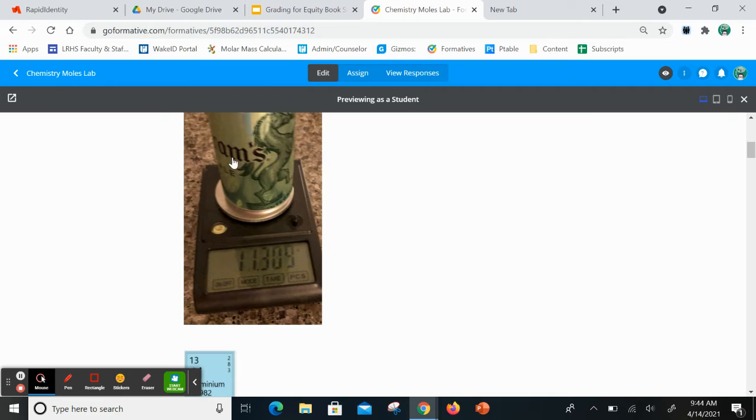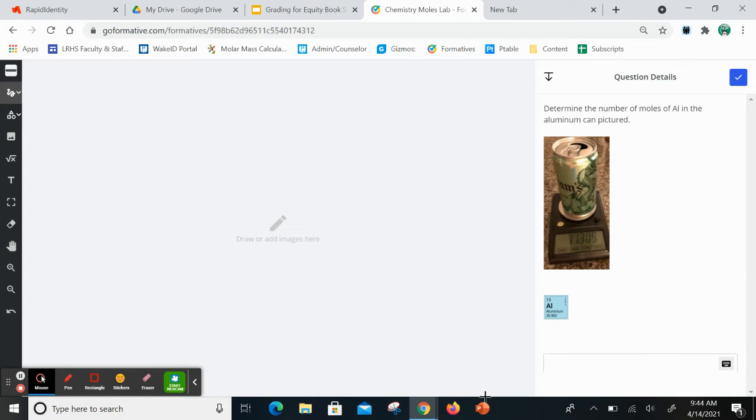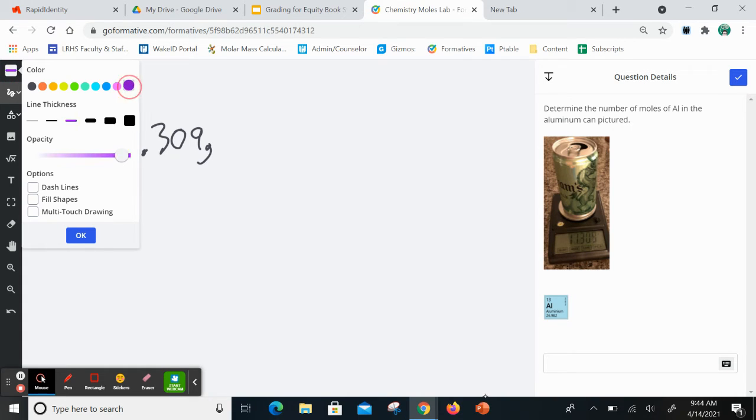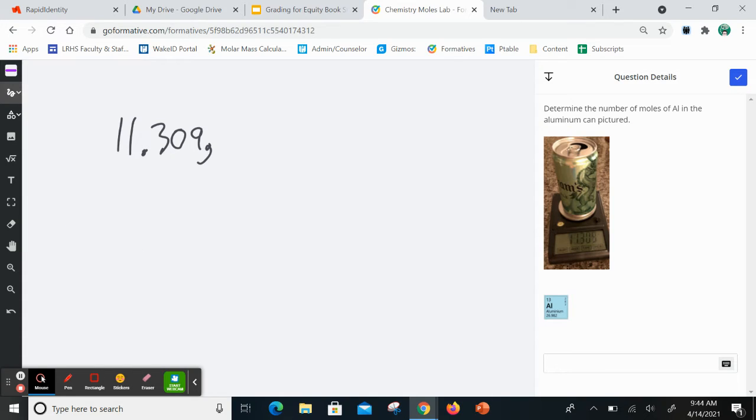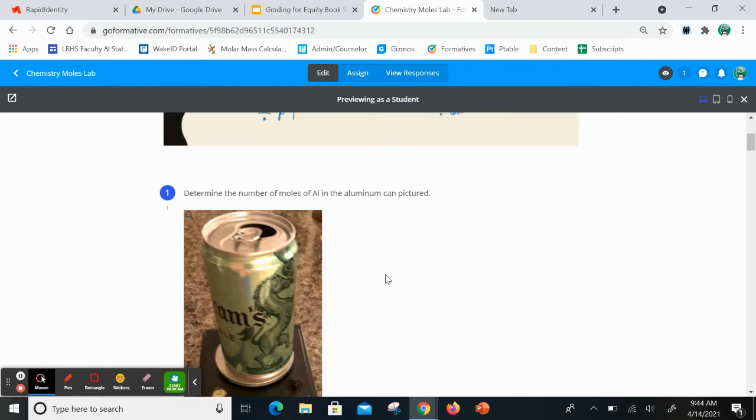So for this first one, you have an aluminum can that's 11.309 grams. And so what you're going to want to do is take that 11.309 grams and convert it to moles, right? So we're trying to get to moles. To do that, if you look at that conversion highway, to get from grams to moles, you want to divide by what's on the periodic table.